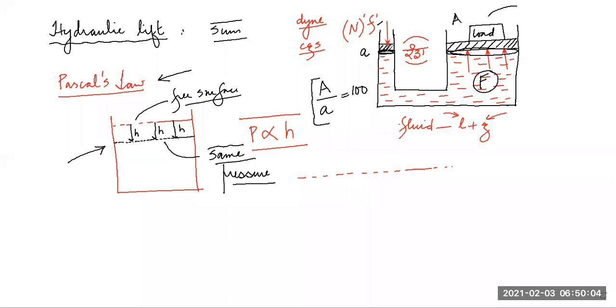How? See, at both this level and this level, students, we have just understood this is the same level. Hydrostatic paradox is telling us all the particles of the fluid which are at this level, these particles, one, two, three, four, infinite particles here, and infinite particles here, they are at the same level.